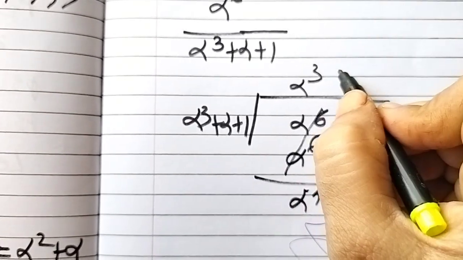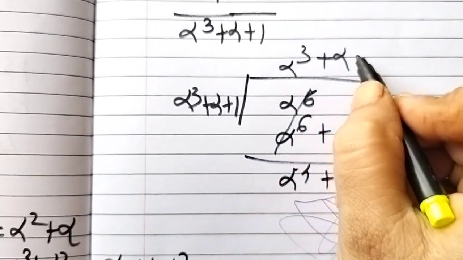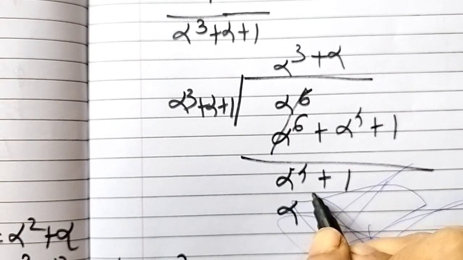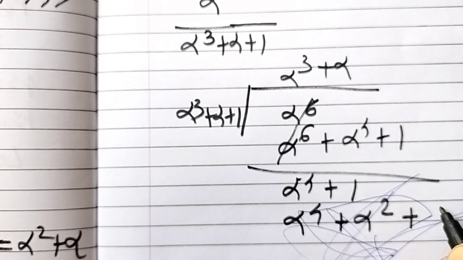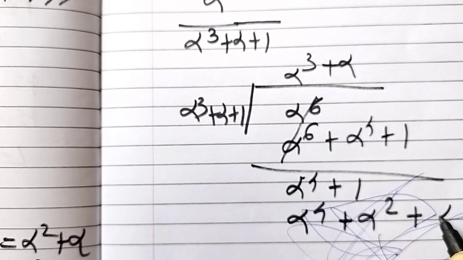Again the next quotient term will be alpha. So alpha times the divisor is alpha raised to 4 plus alpha square plus alpha.